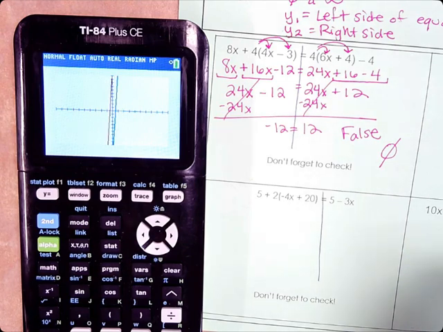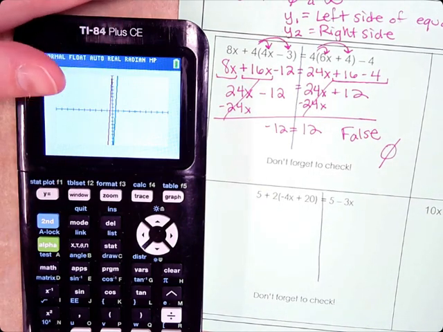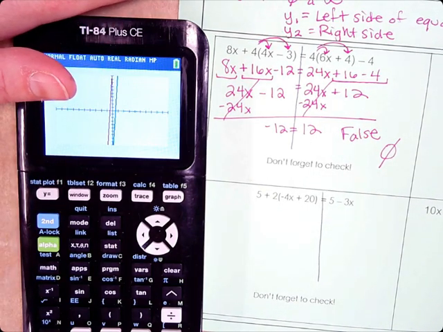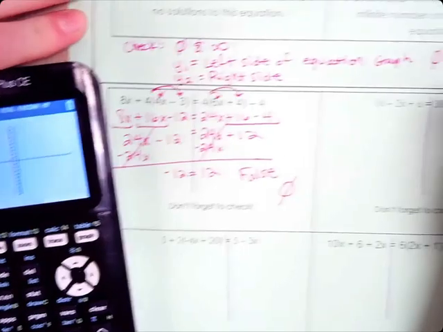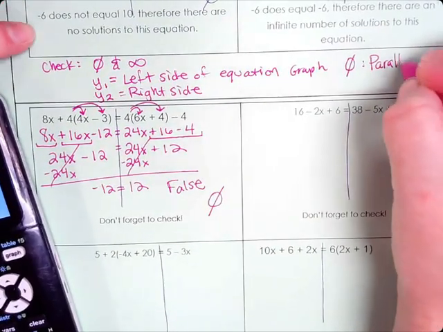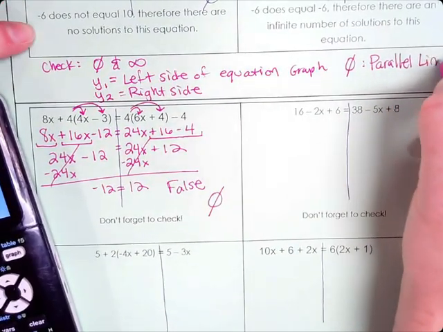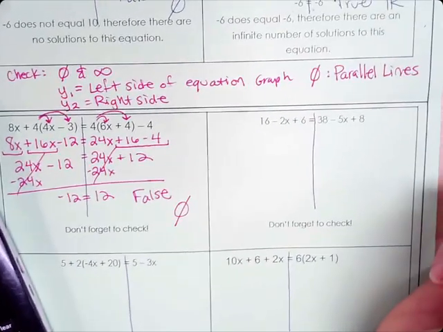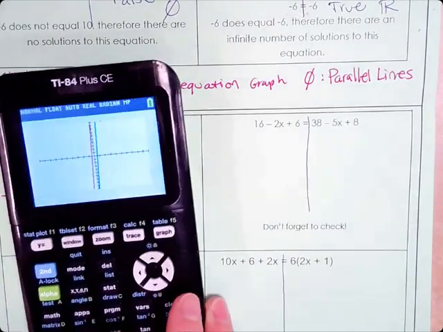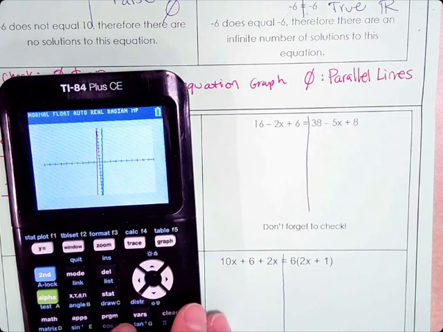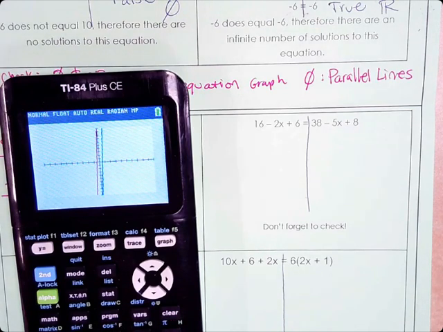What do you notice about those lines? Parallel. Yep. So no solution is when you see parallel lines. Parallel means they never intersect. So there's no solution.